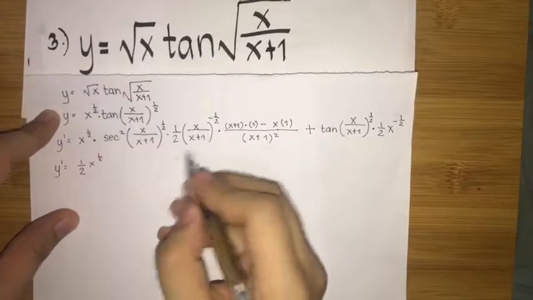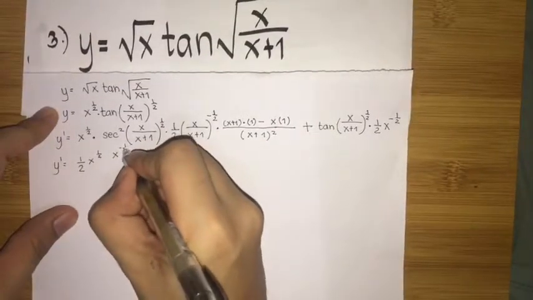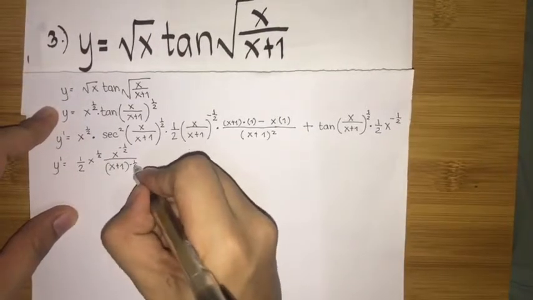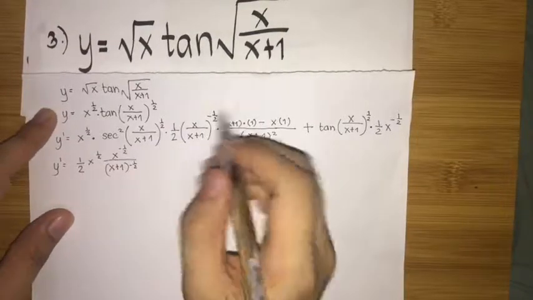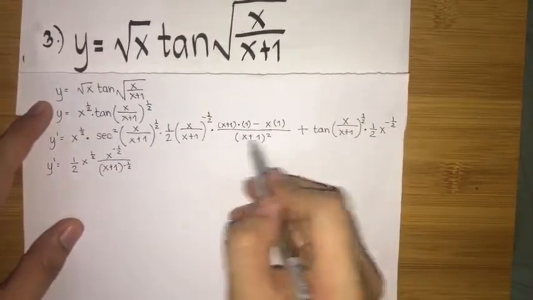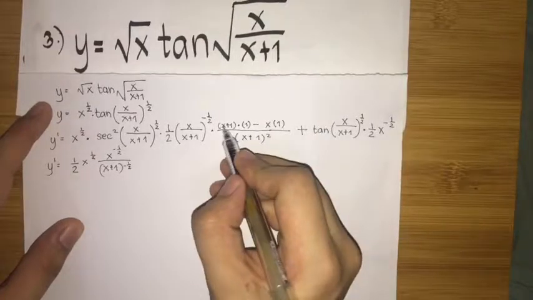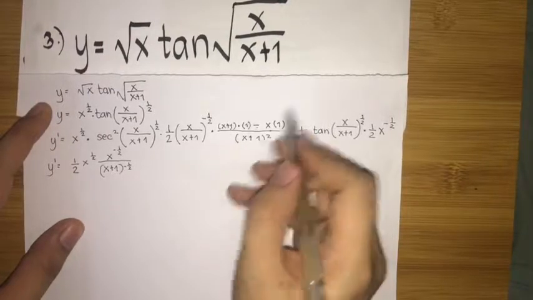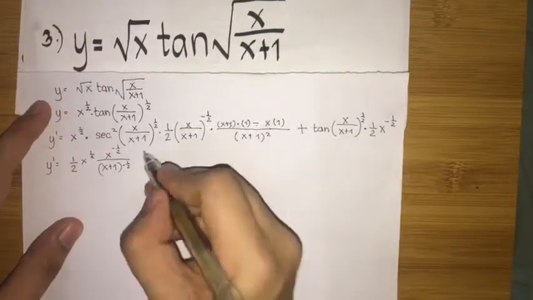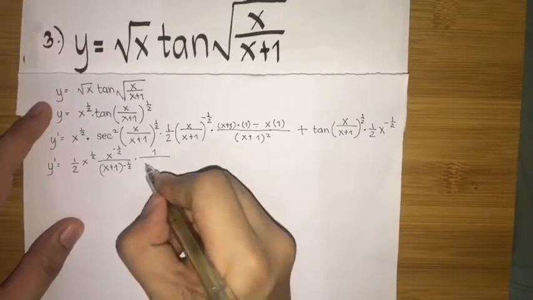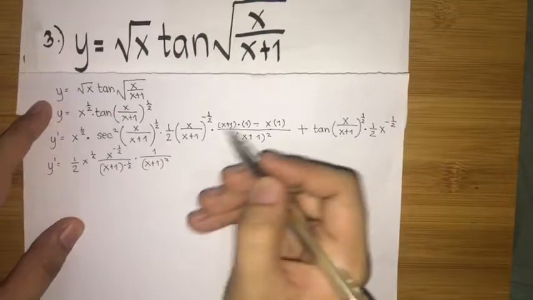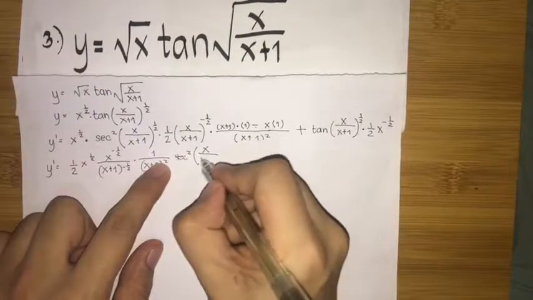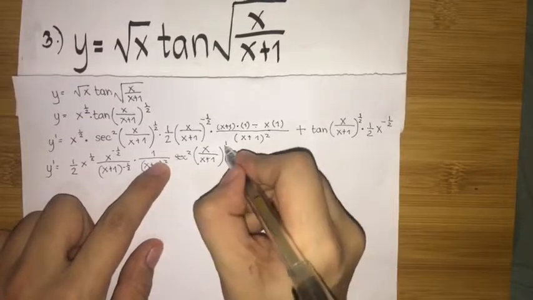So I'll have x raised to negative 1/2 over x plus 1 quantity raised to negative 1/2, and then for this part I'll just have to simplify, so we'll have x plus 1 minus x, so we'll cancel out x and we'll have 1 on the numerator, so we will have 1 over x plus 1 quantity squared, and then this secant squared, copy it, secant squared of x over x plus 1 quantity raised to 1/2.